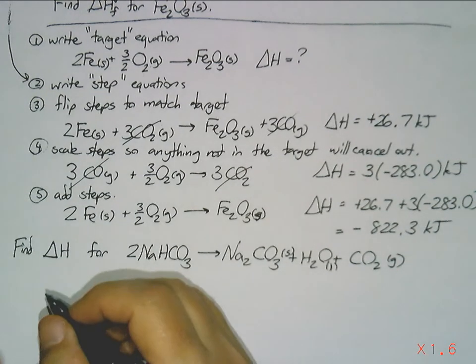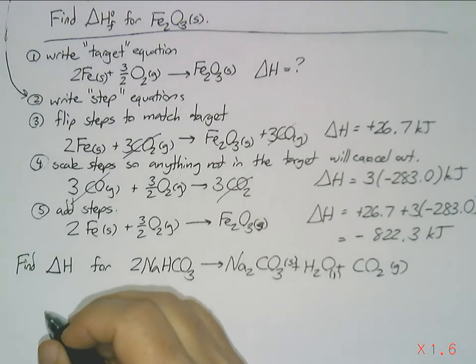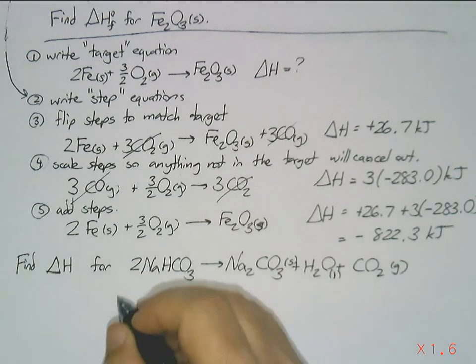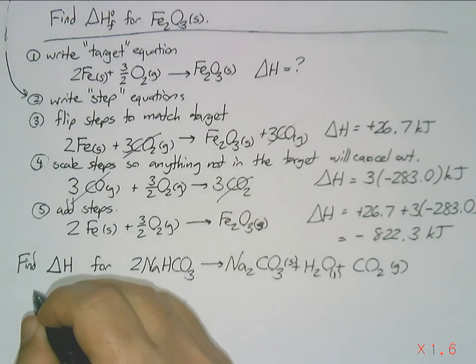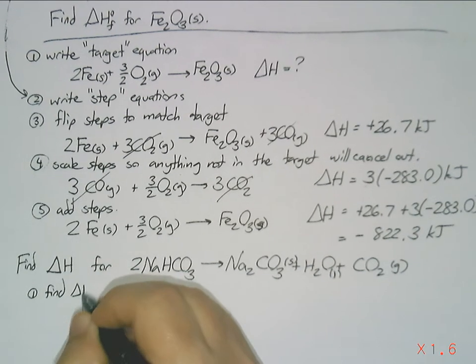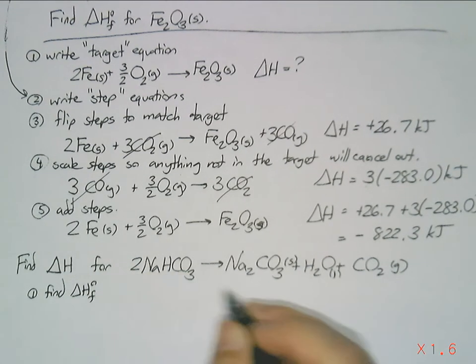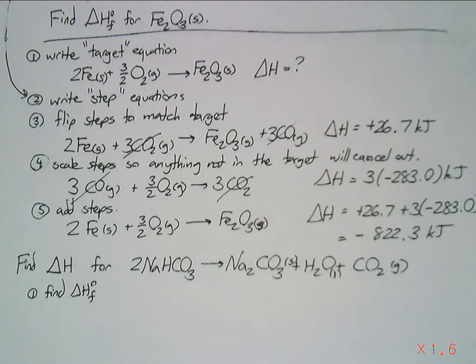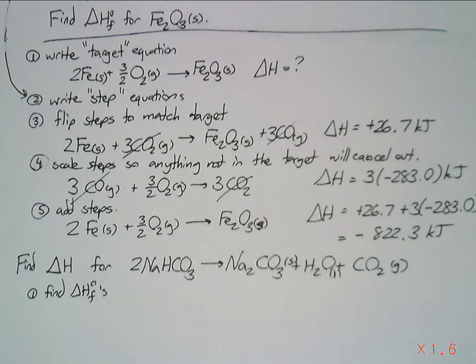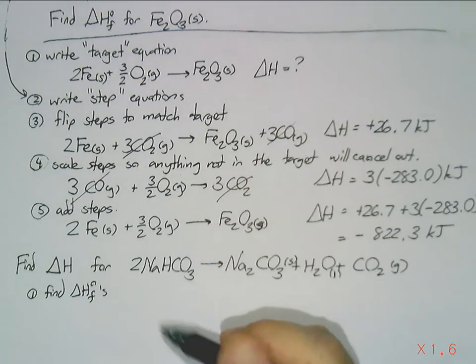And there's a way to do it if you look up the delta H's for the formation of everything that is in this equation. So if I find all the heats of formation, the enthalpies of formation, I can actually do this using this procedure.